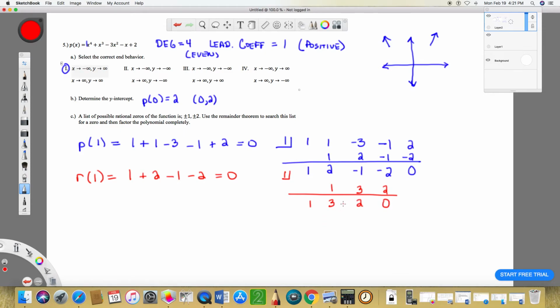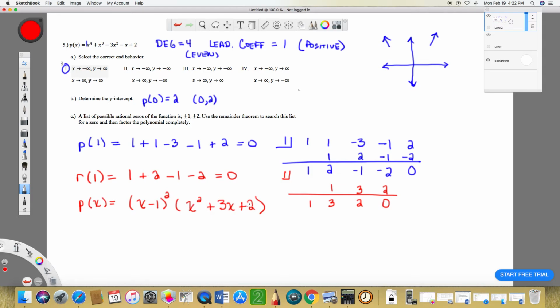Now we will be able to factor that with our x method. So we've got p of x is equal to two factors of x minus 1, and then we've got x squared plus 3x plus 2. Now sometimes this won't factor.